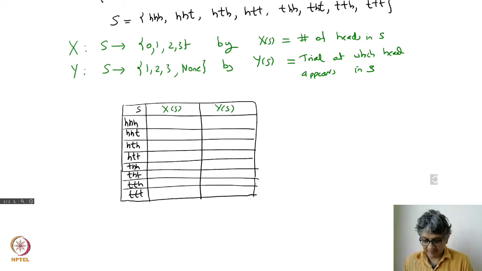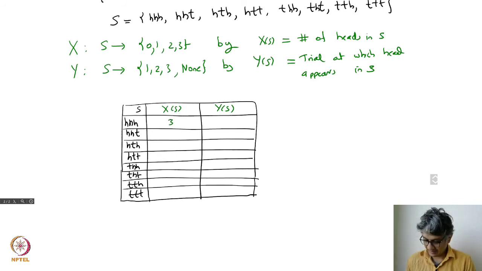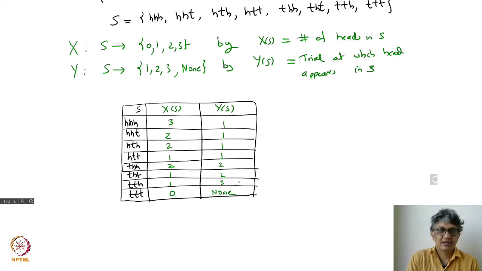So in this case, x of s is 3, right? In this case, it's 2. In this case, it's again 2, 1, 2, 1, 1, and 0. And here the trial at which the first head appears is 1, 1, 1, 1, and then here it's 2, here it's 2, here it's 3, and here it's none. Okay. That's how I would fill the table.